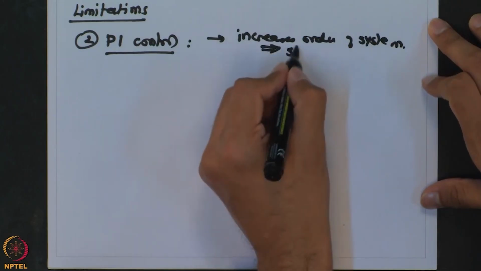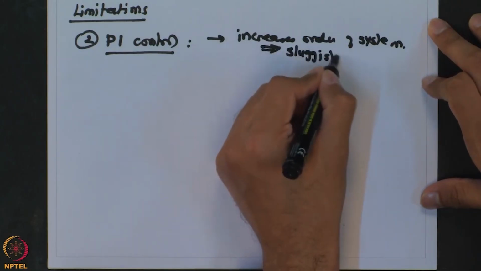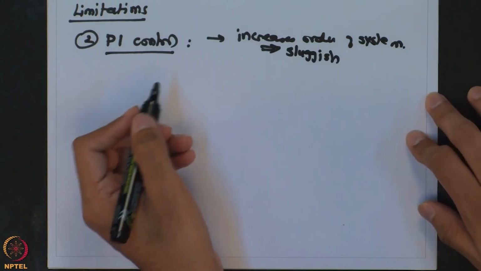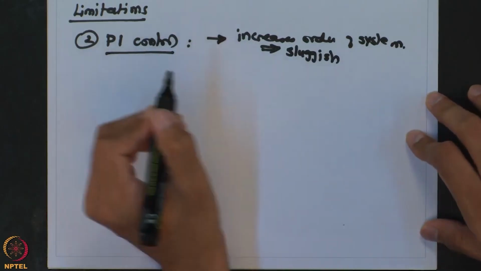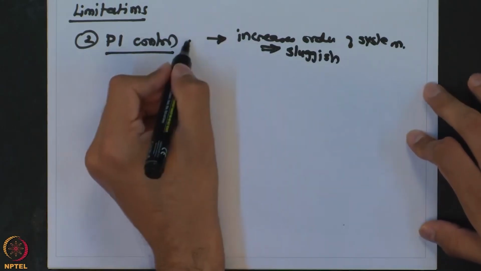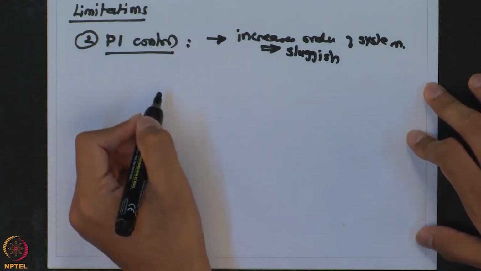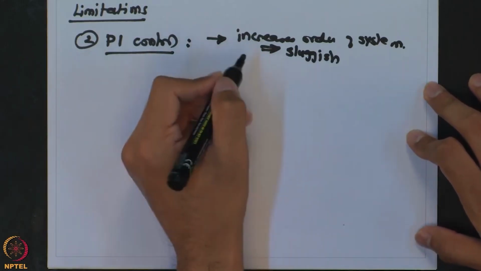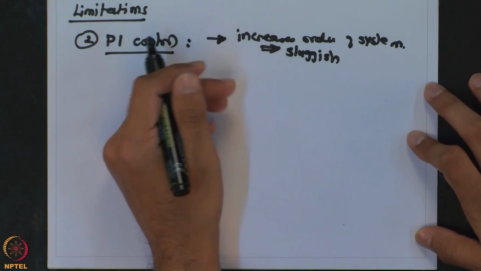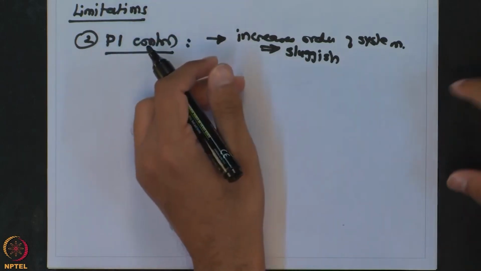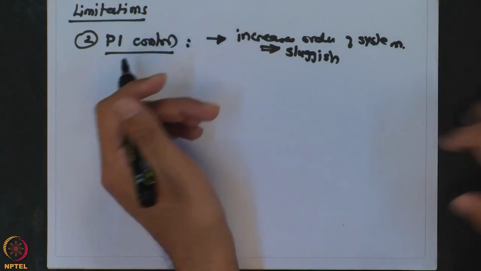So, it makes the system sluggish. Though this is not a very big disadvantage, the major limitation from PI, because partly it is covered because we have also added some numerator dynamics. So, effectively the system response can still be sped up.